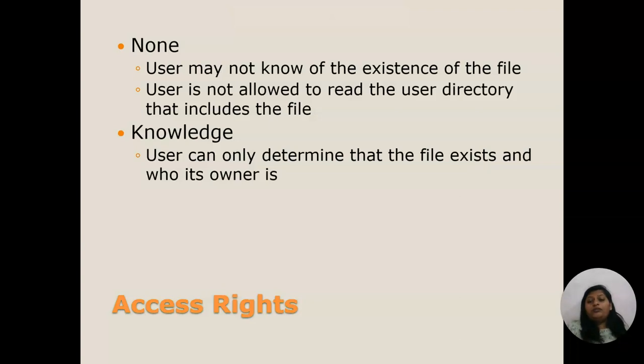So access rights: none. User may not know of the existence of the file, or user is not allowed to read the user directory that includes the file. This is the none access right. In knowledge, user can only determine that the file exists and who its owner is.